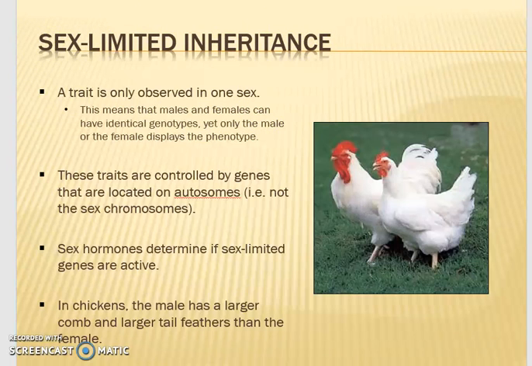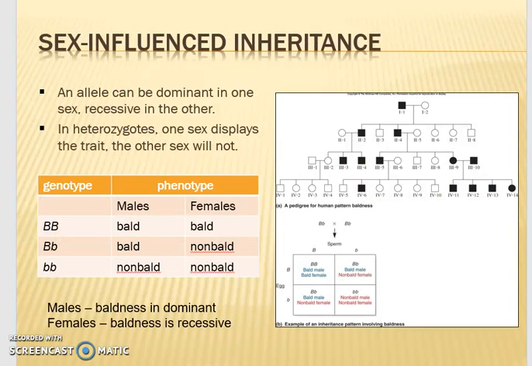So moving right along. So here is sex influenced, which we talked about if you watched the practice problems for lesson 3. So here we're shown baldness in males and females. And so for females, the capital B is actually going to be recessive.